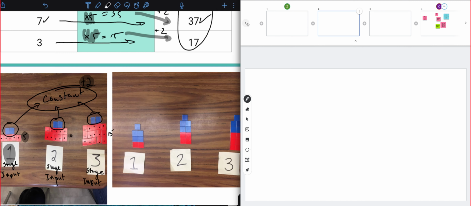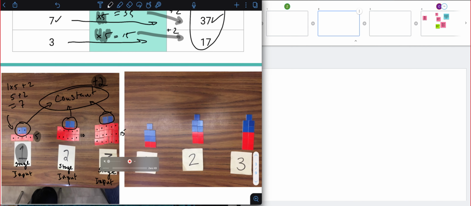It seems like if I take my stage number and multiply it by 5 and then add the 2, I get the total number of tiles that are sitting there in this question, right? So for instance, 1 times 5 plus 2 is going to be 5 plus 2, 7. There is 7 tiles there.